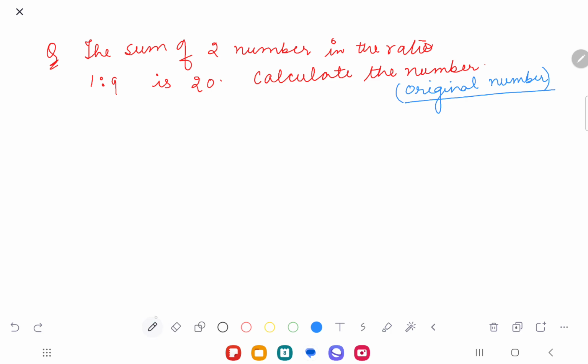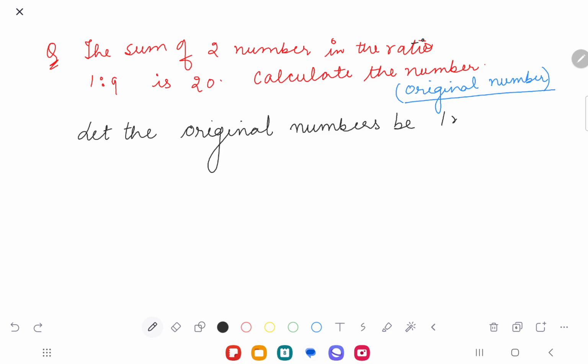Are you understanding my point? Are you sure? So let the original two numbers be 1x and 9x, because the ratio is given to me. And what is the question saying?